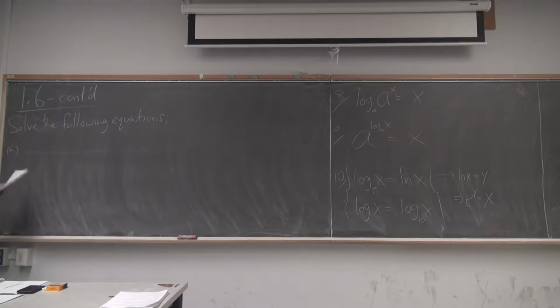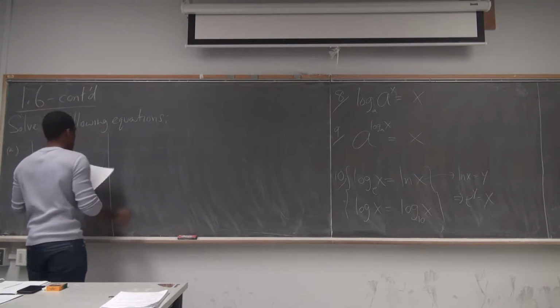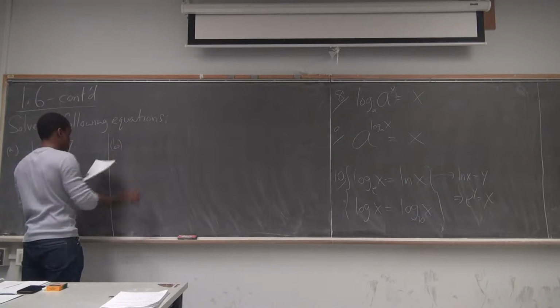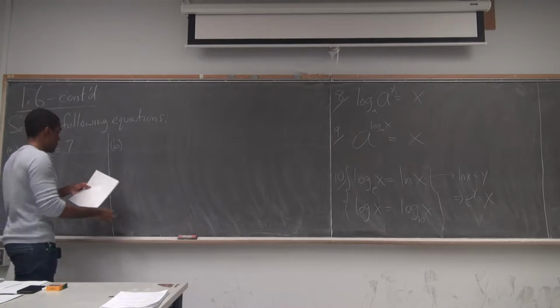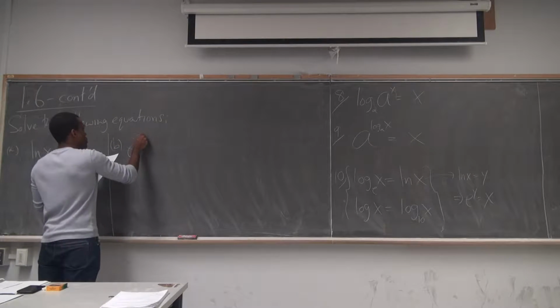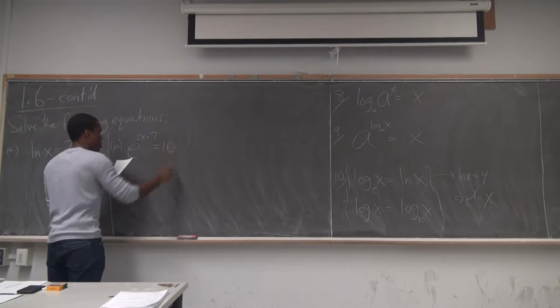A. ln of x equals 7. I think something like this was similar on the bonus quiz. e to the 2x minus 7 equals 10.